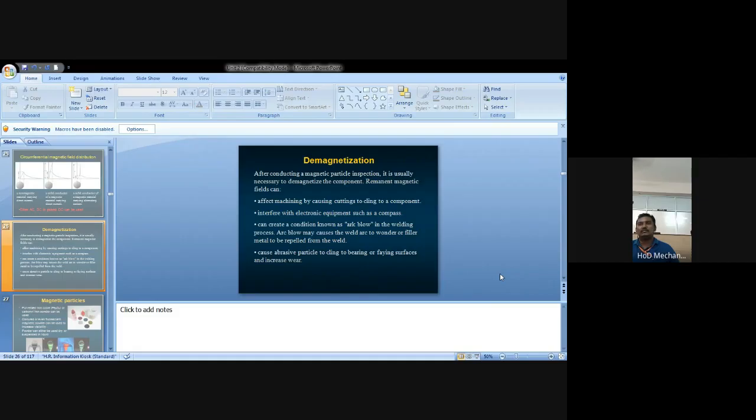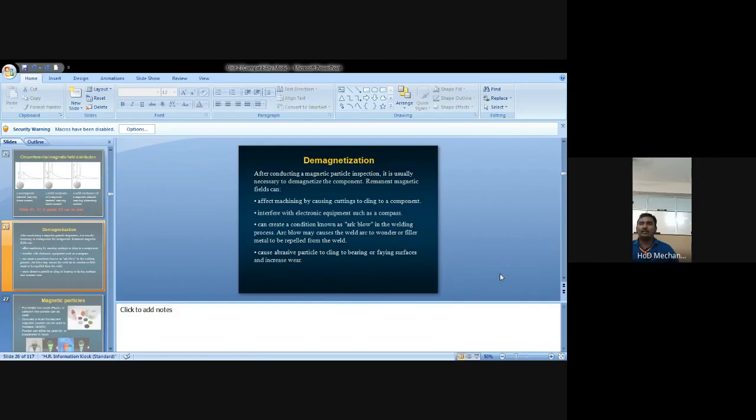Another one is that they interfere with electronic equipment such as a compass. If the testing material is to be used in electronic component applications, the remaining magnetic property will also affect the particular equipment or component. And it can create a condition known as arc blow in the welding process.